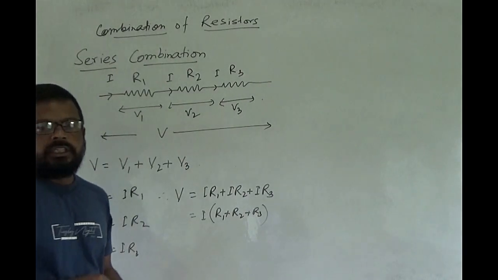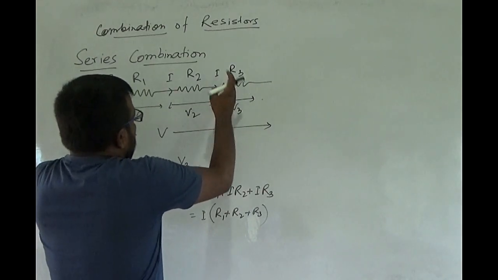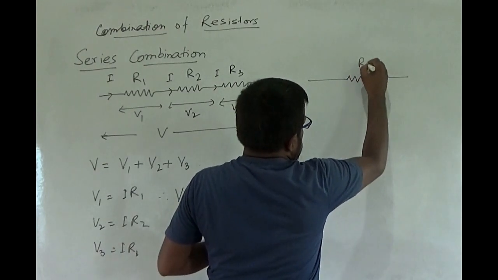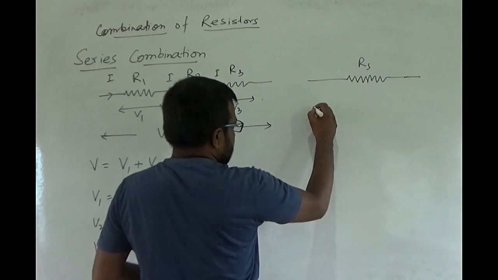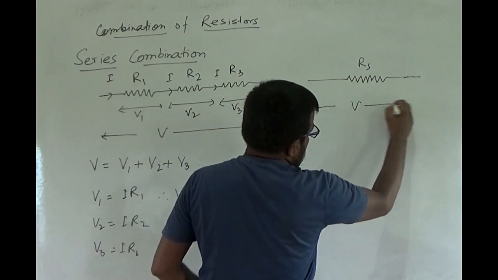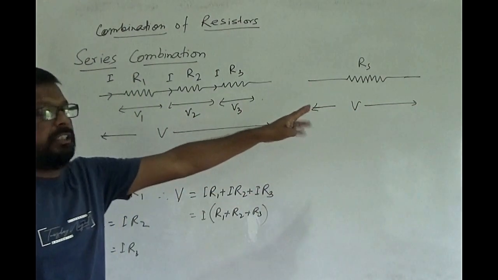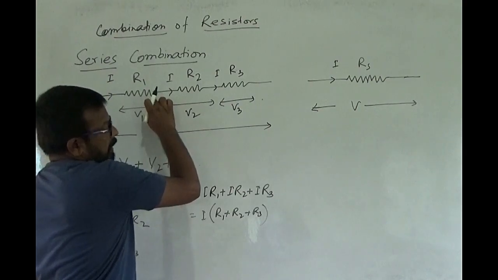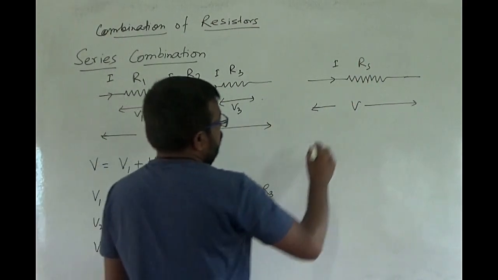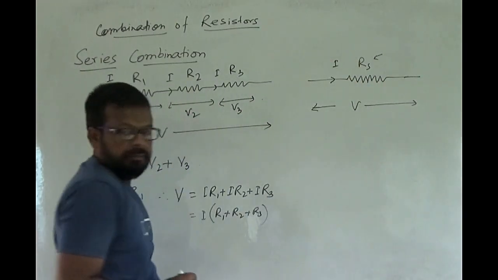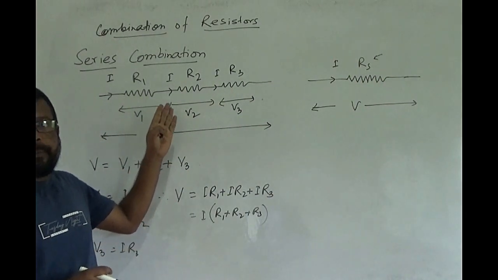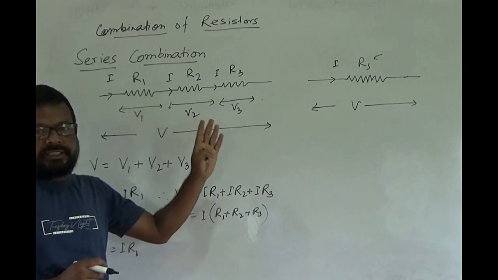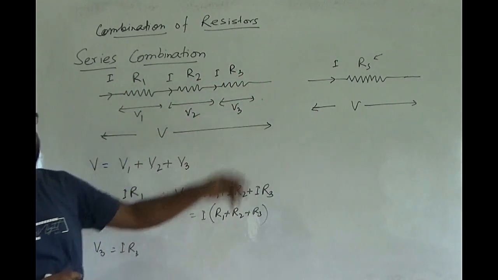Now, if we replace this combination by a single resistor of resistance Rs and the same potential difference V is applied across it, and the same current I as in the combination flows through it, then this Rs is the effective resistor of the combination, and Rs is called the effective resistance of R1, R2 and R3.